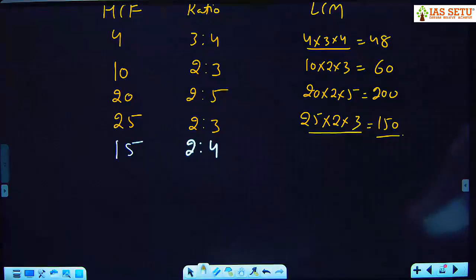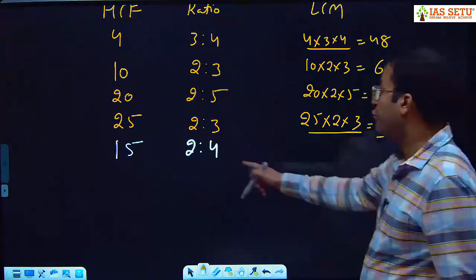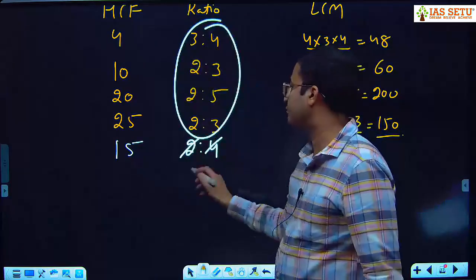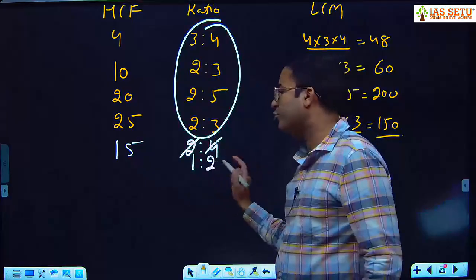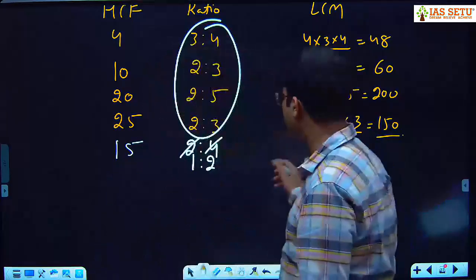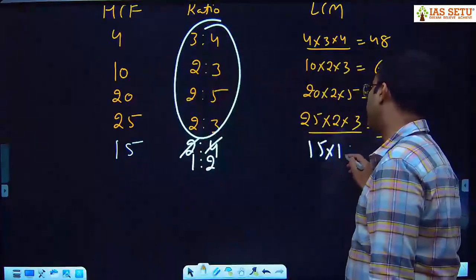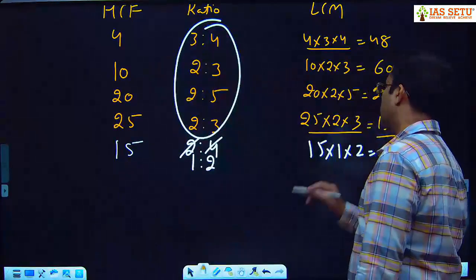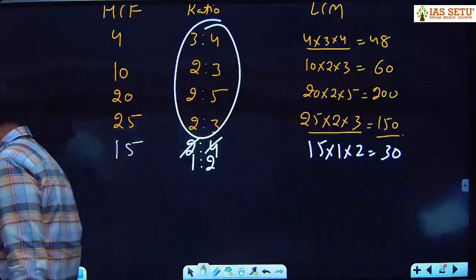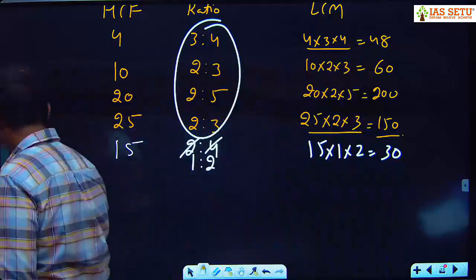Let me tell you, those who are saying answer 120, there is a catch. You have to simplify the ratio. In the earlier case, the ratios were already simplified. So you have to take care of this point. You have to simplify the ratio. Then you have to multiply 15 into 1 into 2. So it is 30. Okay, if ratios are simplified, okay. Otherwise, you have to simplify this ratio.